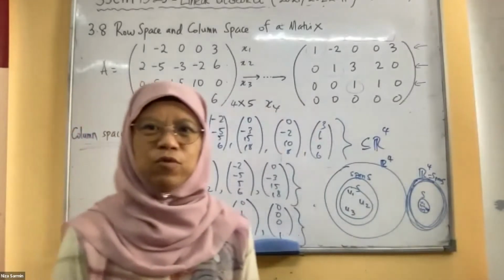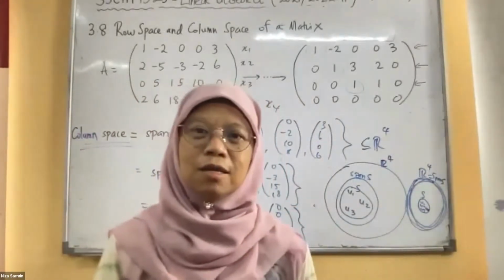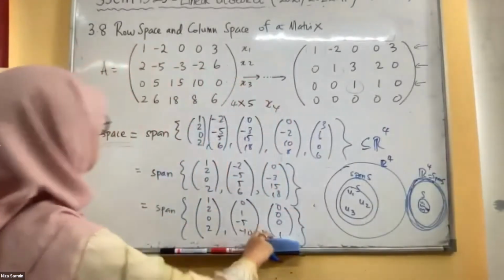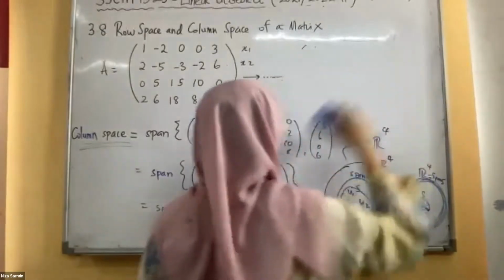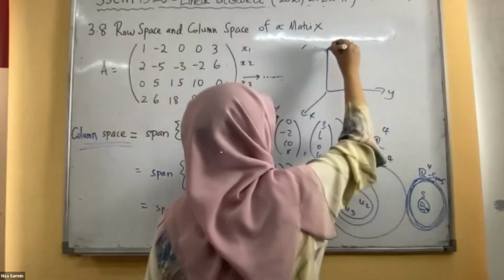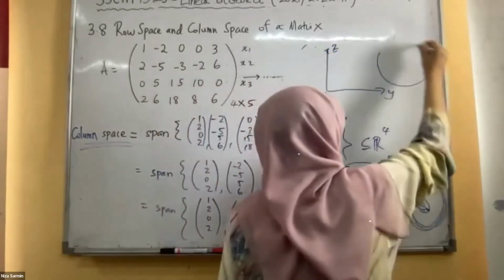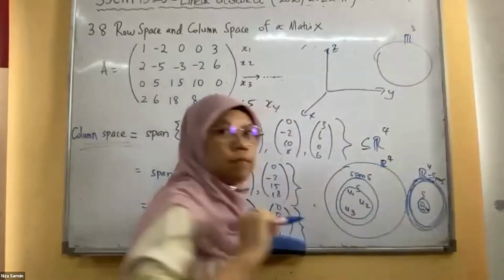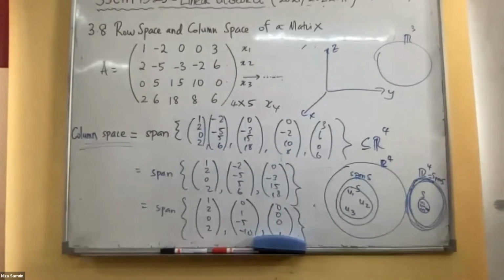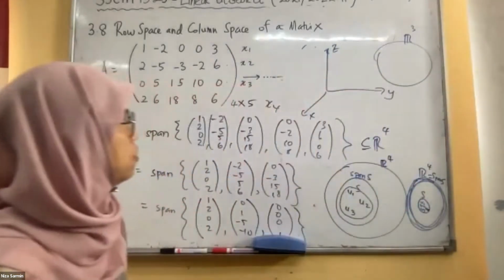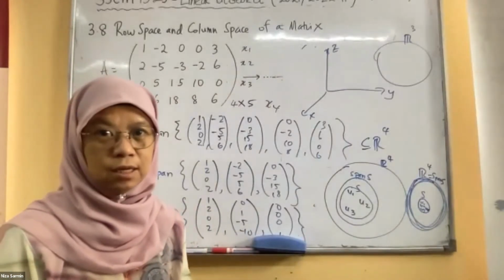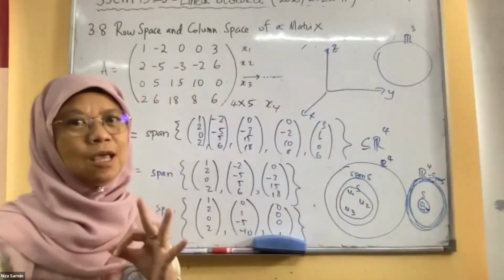Okay. If you want to see geometrically, I need to use R3, right? If it's the whole R3, X, Y, Z, to have a basis of R3, you need at least 3 vectors in S, right?